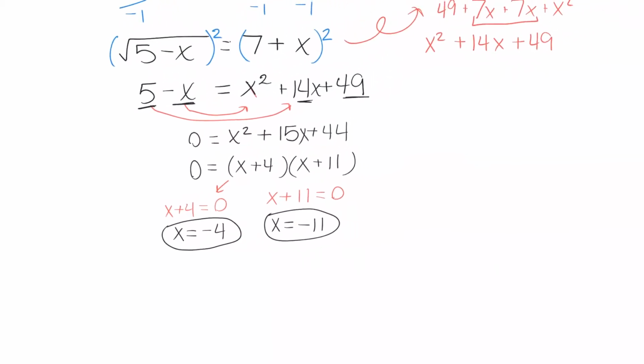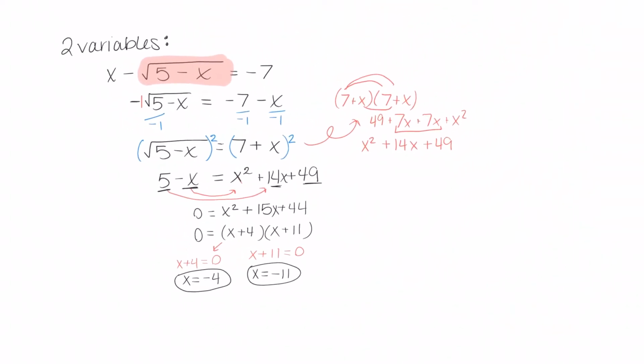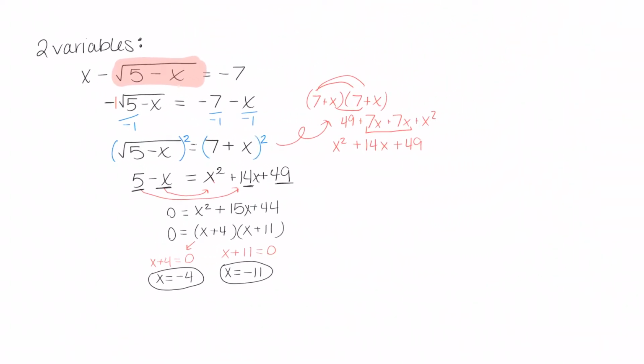This looks all good, but remember what I said, that our last move on these is to double check our answers. So right now we have 2 answers, negative 4 and negative 11. We are going to plug these in just to make sure that this works. So I'm going to take that negative 4 and go back to my original equation, which, just for the record, was x minus the square root of 5 minus x equals negative 7.